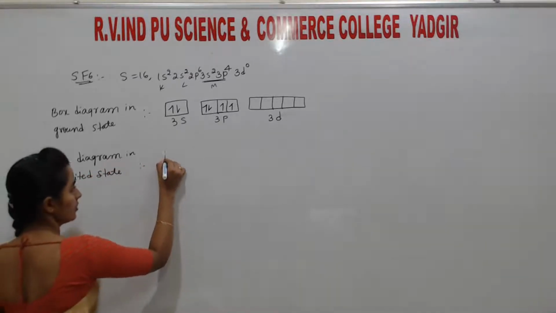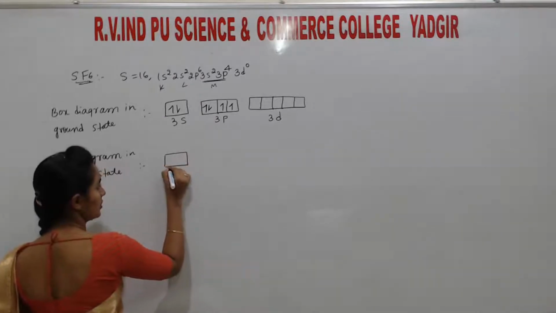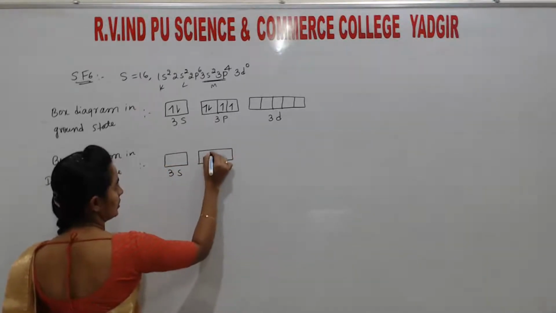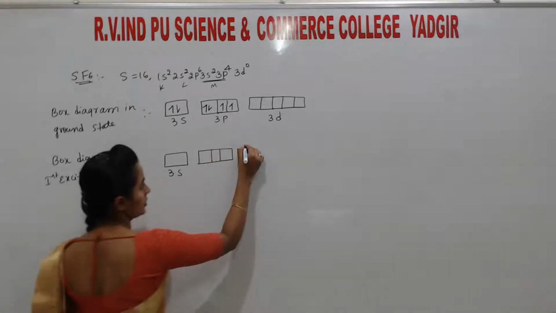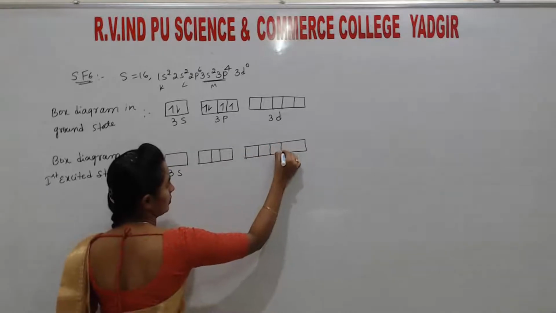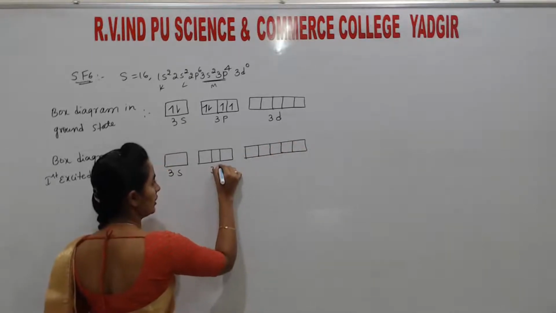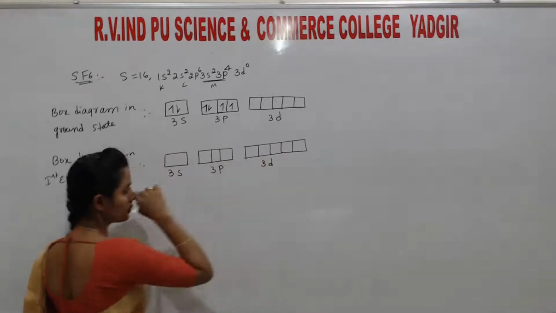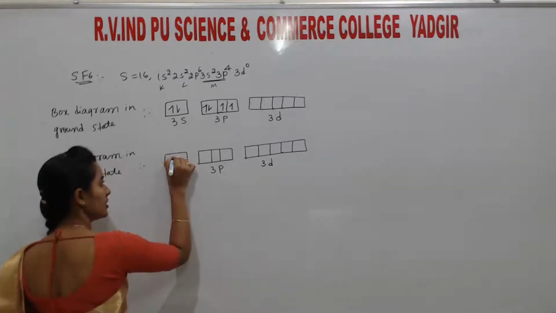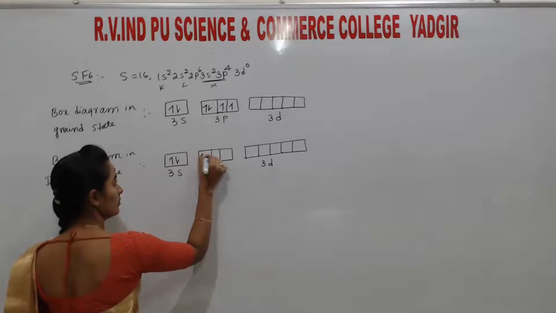Now write. This is the 3s orbital, this one is the 3p orbital, this one is the 3d orbital. Here I write the electronic configuration, same.